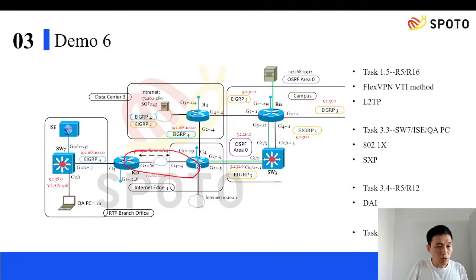Here you need to deploy FlexVPN using the VTI method, and in order to extend the specific network, we need to use this protocol.